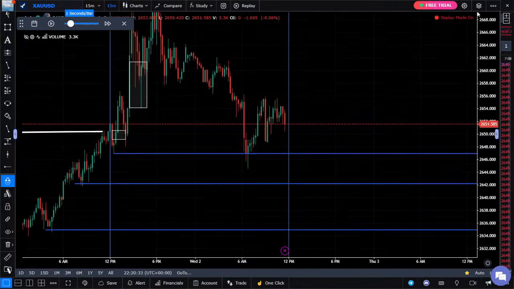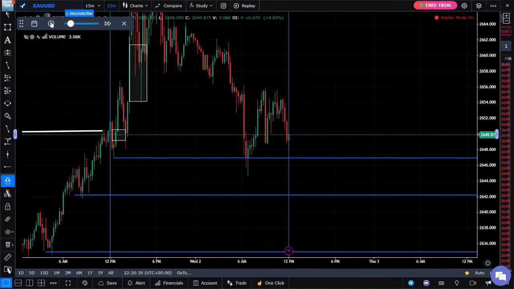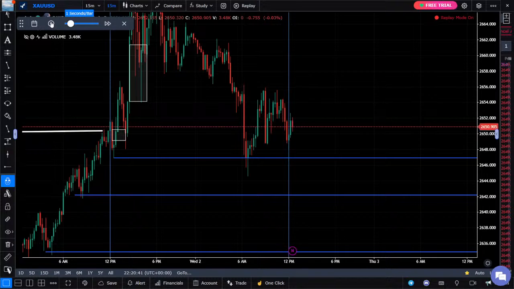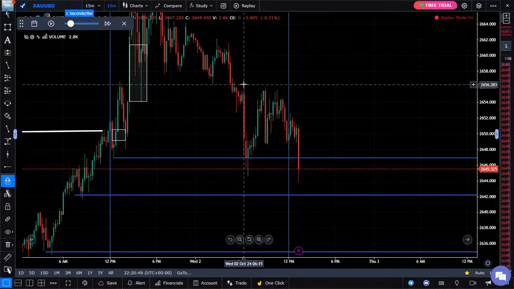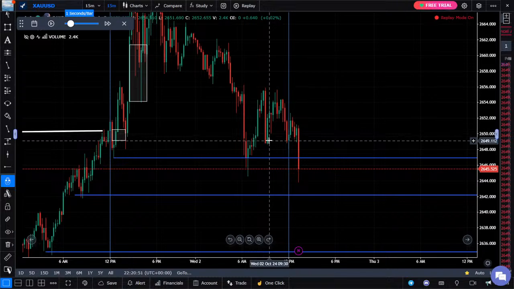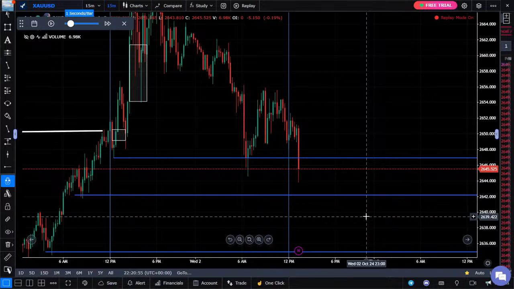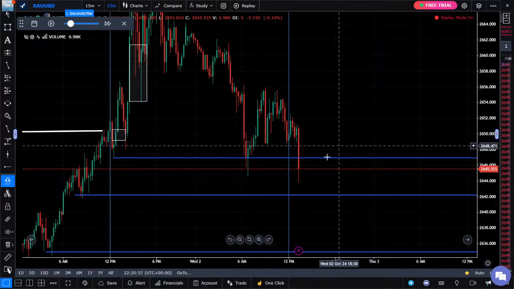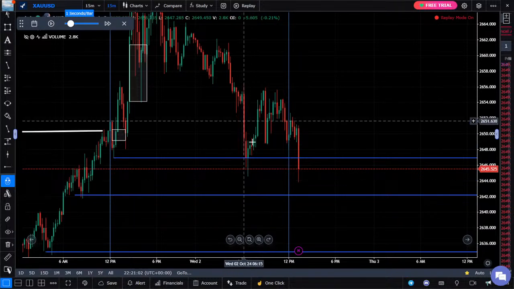This resistance you see right here is the fair value gap. So for testing and confirmation, this is a downtrend, so we're looking at highs. No, okay, wait, so it's an uptrend.